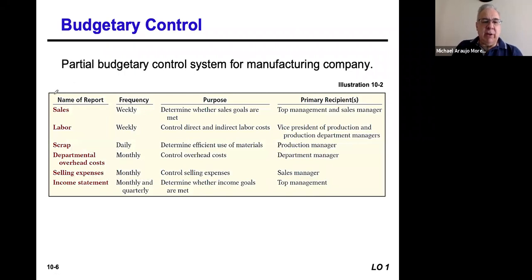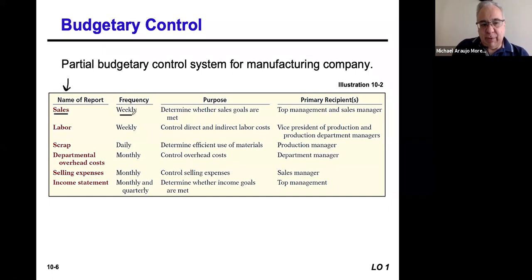And so here, in the first case, you'll have a sales budget. Sales budgets are really important, right? Because it's where your revenue is. And if you're off on your revenue, it's at the expense of your profit, how you planned it. So you always want to make sure you're on top of that.